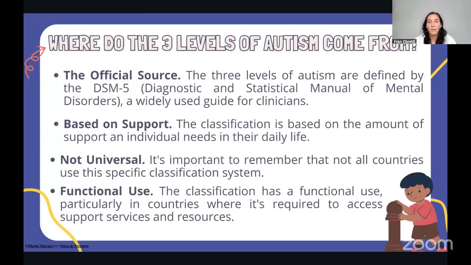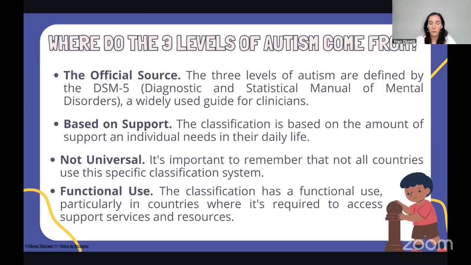So, where do the levels come from? The official source is the DSM-5, which is the Diagnostic and Statistical Manual of Mental Disorders. It is a widely used guide for clinicians in many parts of the world. The three levels of autism are defined by the DSM-5. The classification is based on the amount of support that a person with autism needs in their daily life to be able to function.